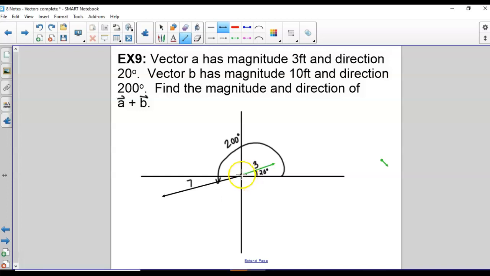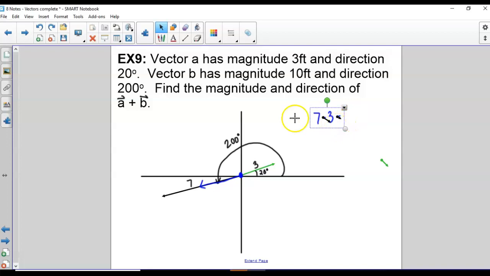So if somebody is pulling on the tug-of-war rope with 3 units in this direction, or 3 newtons in this direction, and somebody's pulling 7 in this direction, who's going to win? The 7's going to win because they've got a greater force, right? So if you have vectors that are opposite of each other, then you're just going to subtract the 2, 7 minus 3. Oops, I'm already doing the answer, aren't I? Yeah.